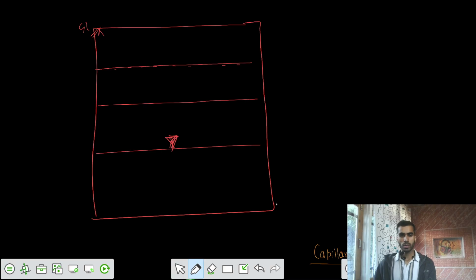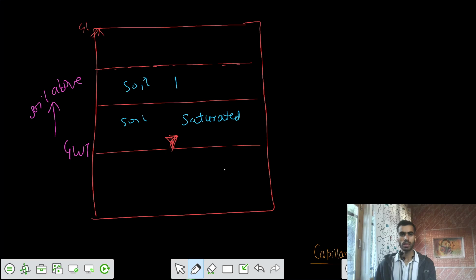The soil above should have been dry, but we see that here we have saturated soil, this part is partially saturated, and this part is dry.